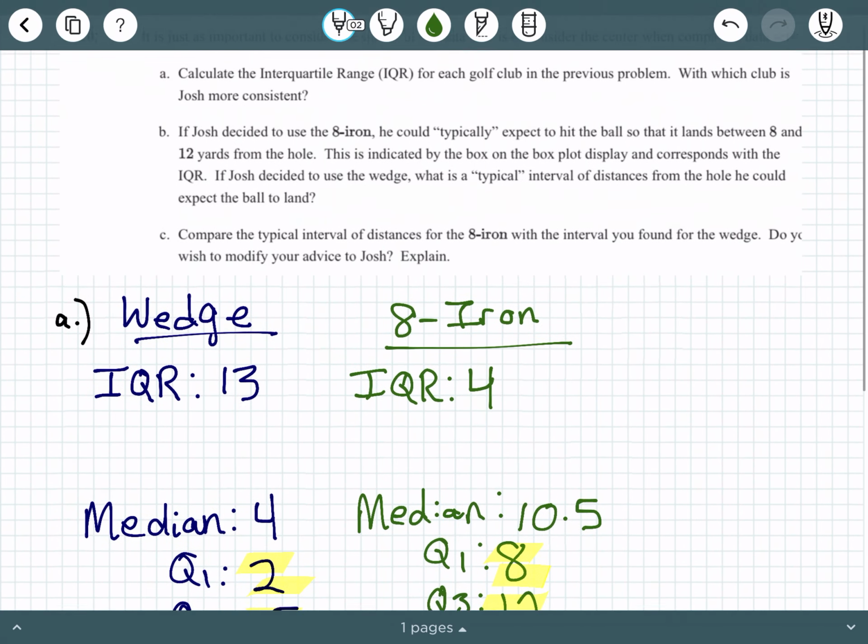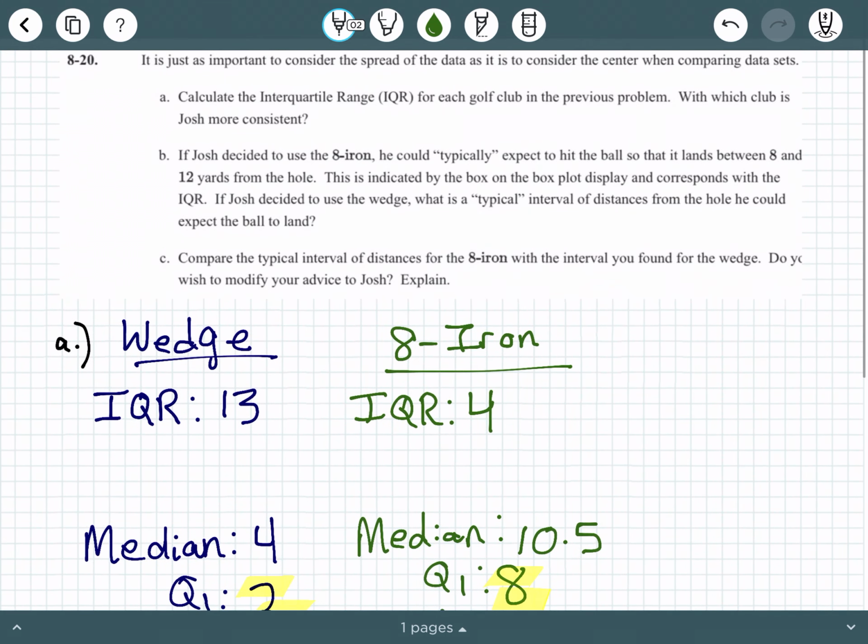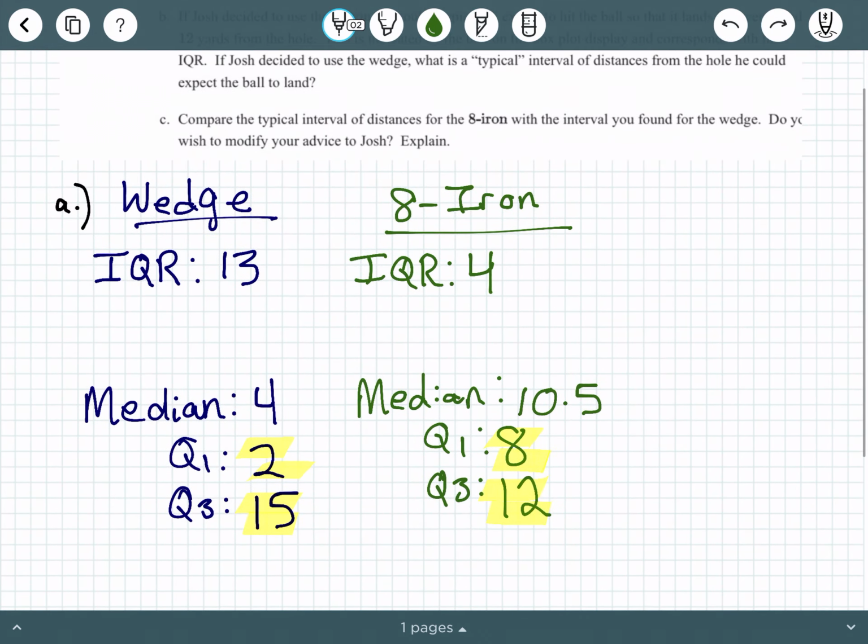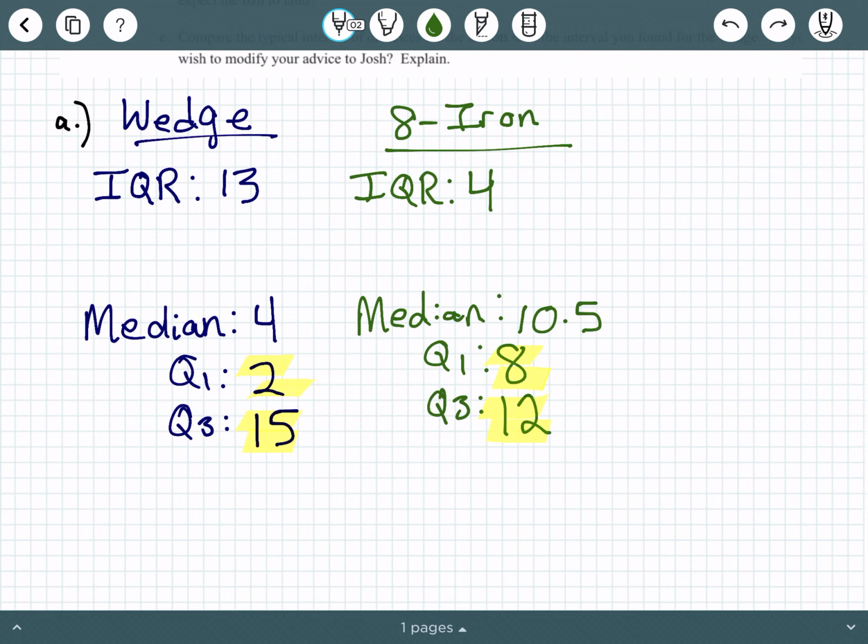All right, so we did the first part for part A. Now they want to know with which club is Josh more consistent. So a smaller interquartile range is going to mean more consistency. So there's less variability is what that means.